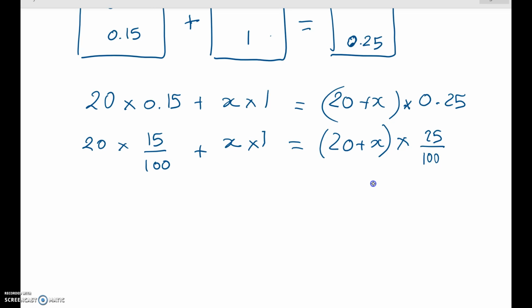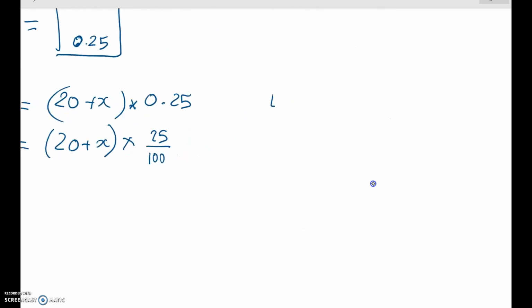Okay, so now I'm studying this. I got an equation with fractions, with denominators. Obviously, every time I'm dealing with an equation with a denominator inside, I want to get rid of the denominator. And therefore, what I need to do is define what is the LCD. So if I want to calculate my LCD, I need to put all the denominators.